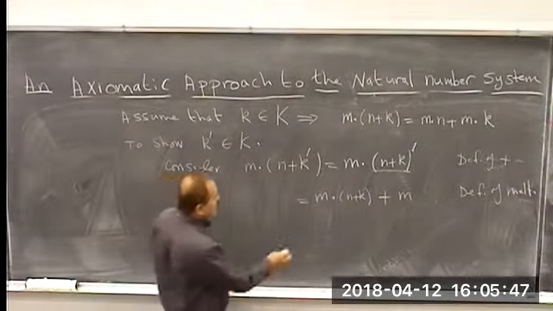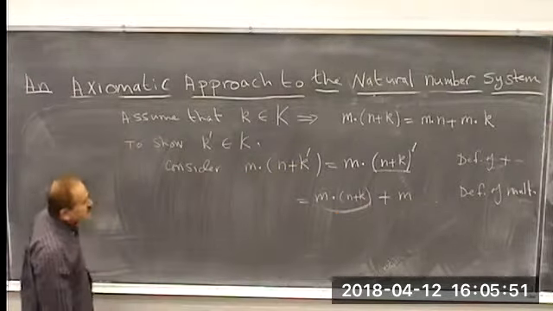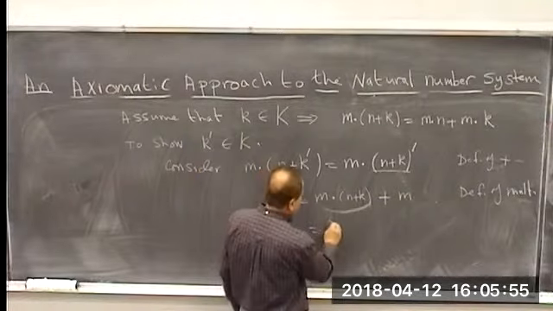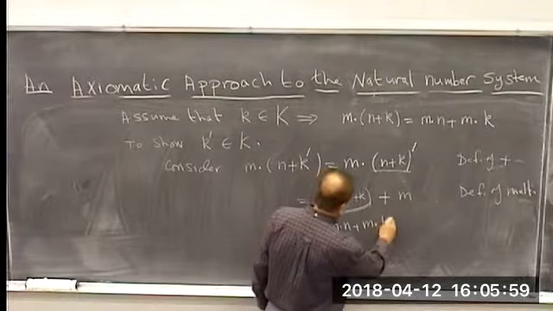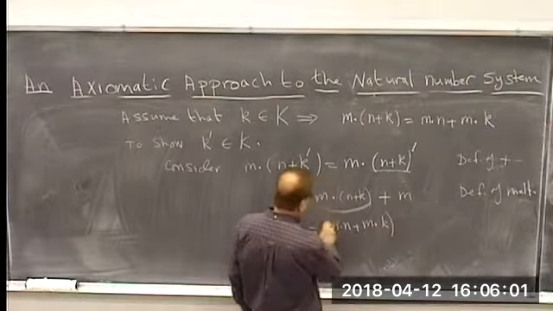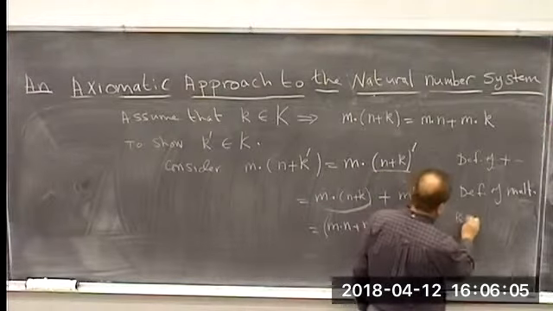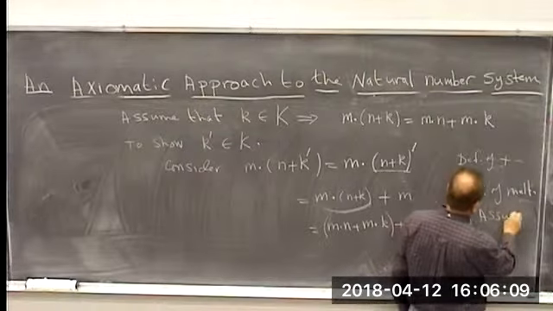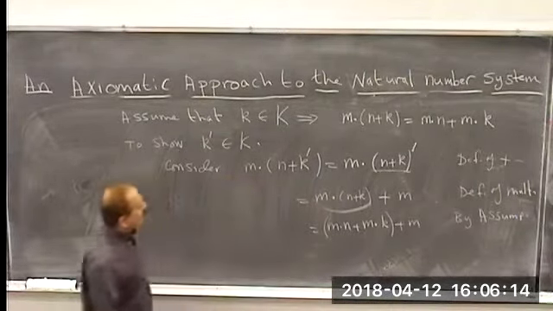Now, we're going to use the hypothesis on this. You can write this one as m times n plus m times k, all of this between parentheses, plus m. So this is by hypothesis, by assumption. We don't call them hypotheses, but we call it assumption.